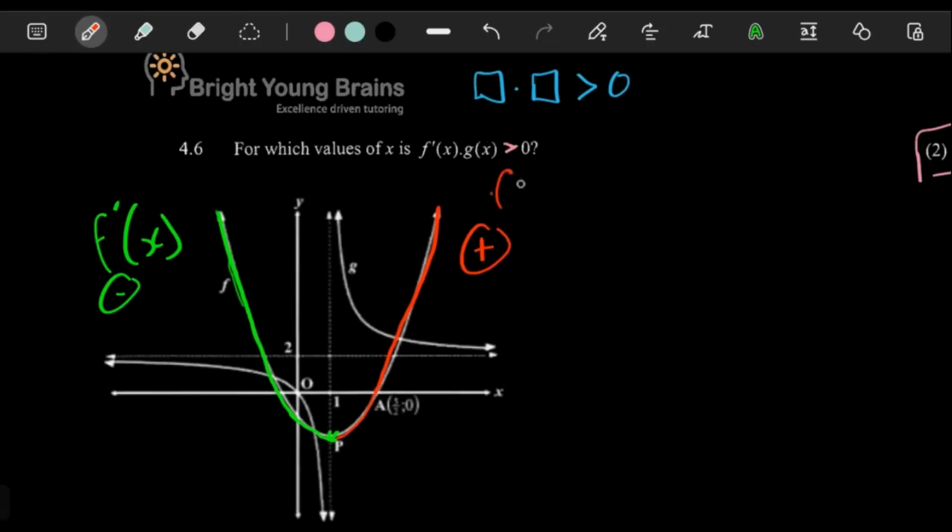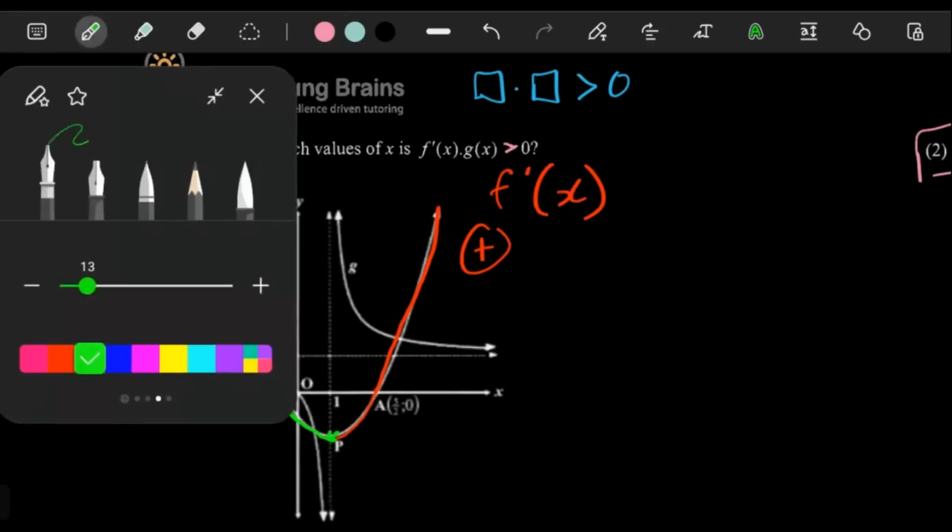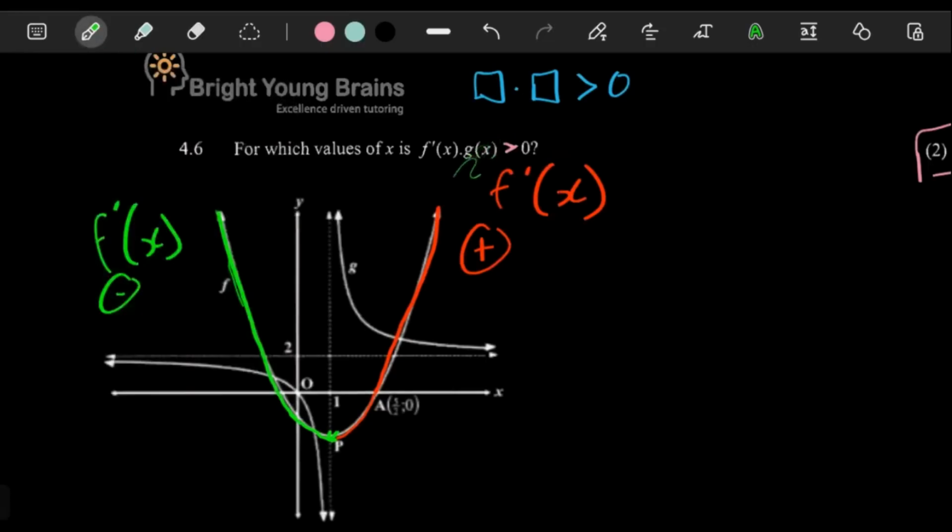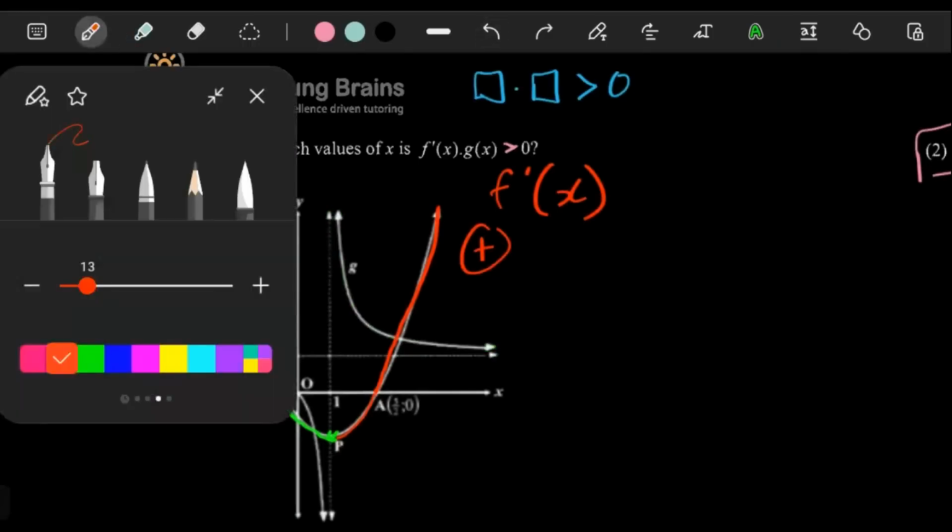Now, let's look at our hyperbola. Our hyperbola, that's what g is talking about. G is talking about the y values of g. Let's just say this is where the y values of g are positive. Let's color code it. If we're going to talk about where the y values of g are positive, let's use red.